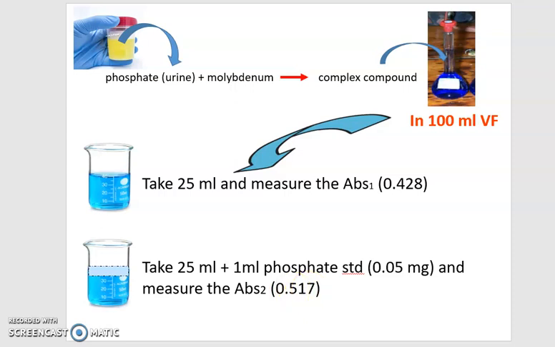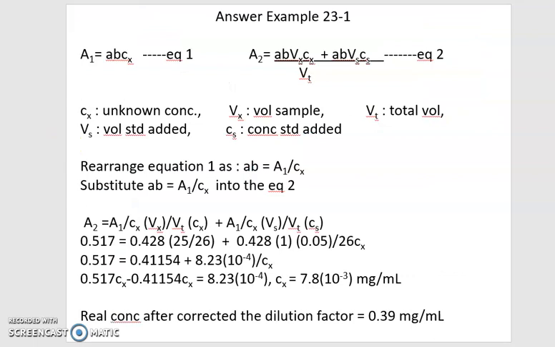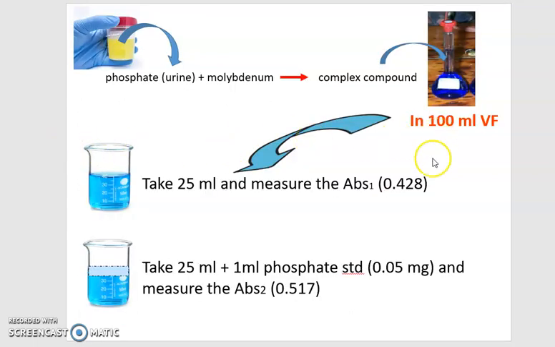The first one only consists of sample solution.